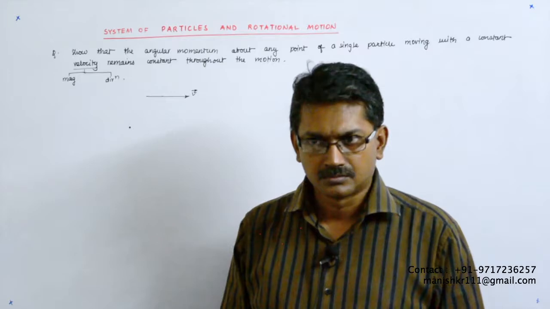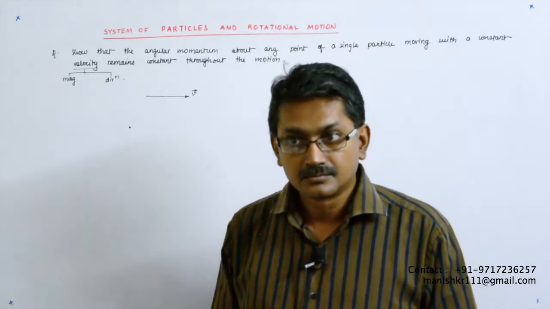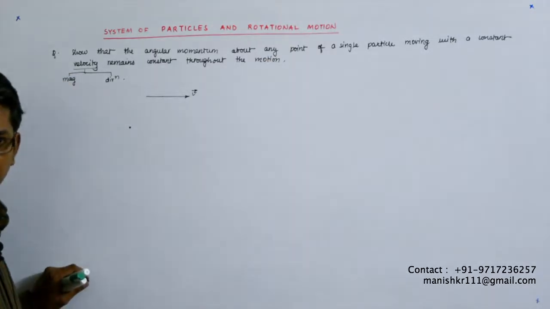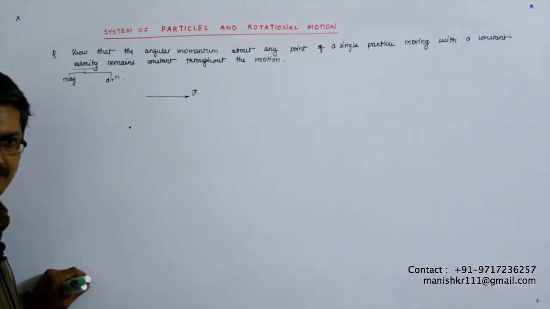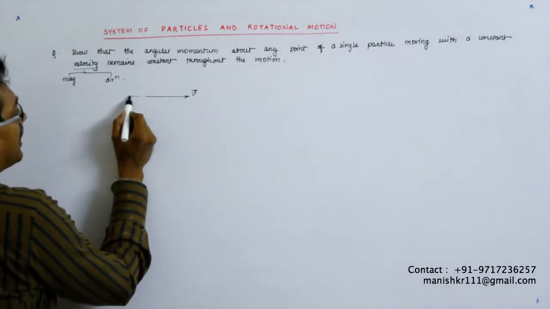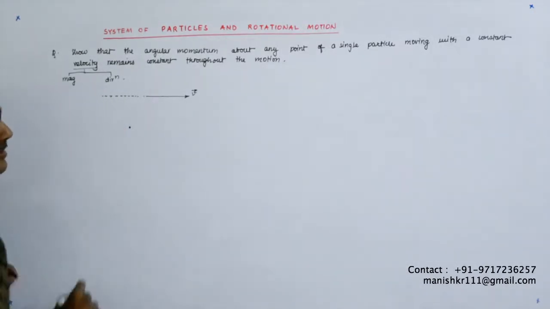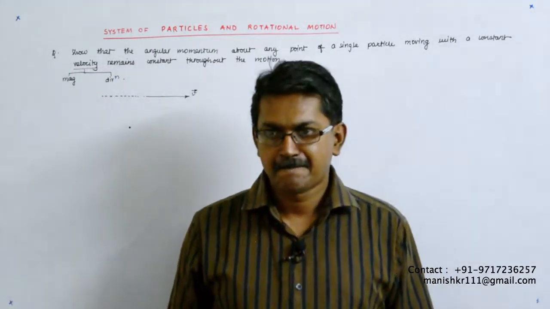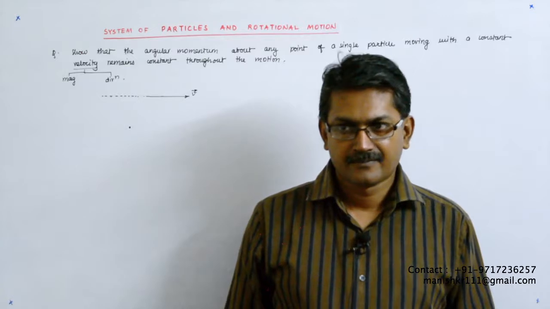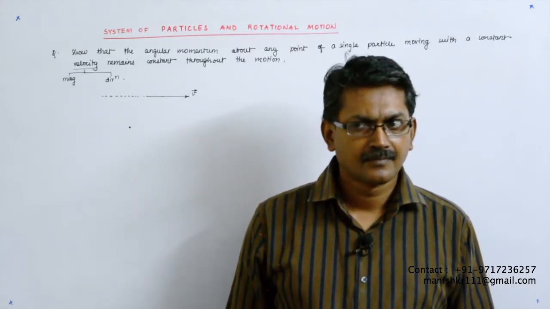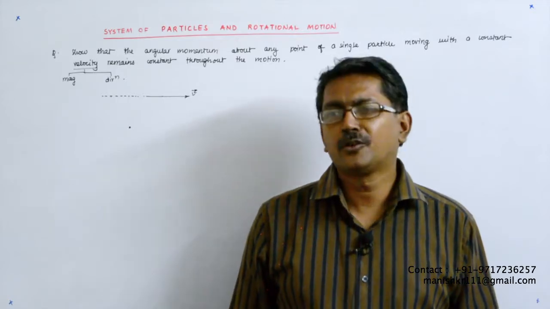About any point. What will be the angular momentum about any point that lies on this line? Angular distance to the line of action of that velocity. It will be 0.